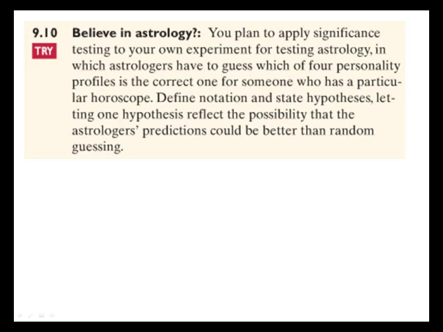Define the notation and state your hypotheses, and here you're going to assume the possibility that predictions could be better than random guessing, pretty much like we assumed before. So what would your hypotheses be? Yeah, p is greater than 1/4, and the other one would be, sorry.